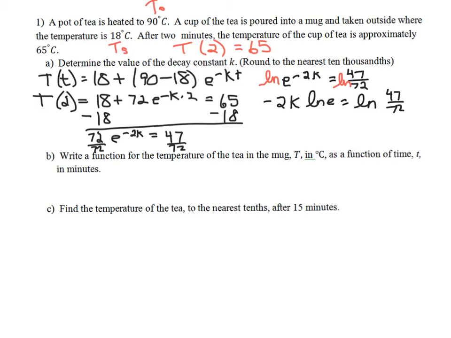Now to finish this off, we know that the natural log of e is equal to 1. So I now have negative 2k times 1 equals the natural log of 47 over 72. To get the k by itself, I'm going to divide both sides by negative 2, and then go to my calculator.